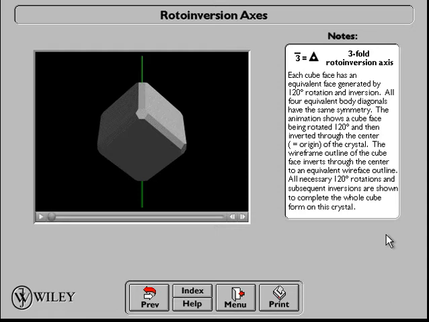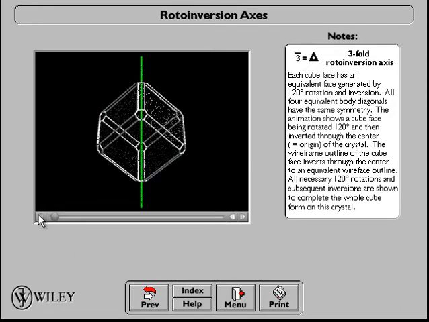The wireframe outline of the cube face inverts through the center to an equivalent wire face outline. All necessary 120-degree rotations and subsequent inversions are shown to complete the whole cube form on this crystal.